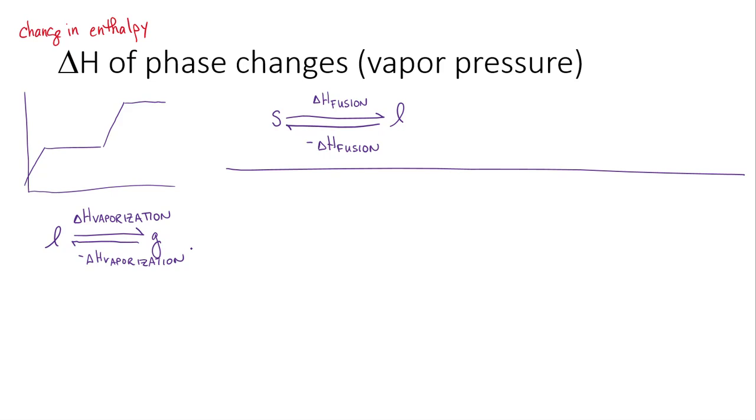So we want to know what is happening with this delta H of vaporization. And the vapor pressure, as I mentioned in the last video, VP is the vapor pressure. We want to know how the vapor pressure changes above the surface of the liquid.